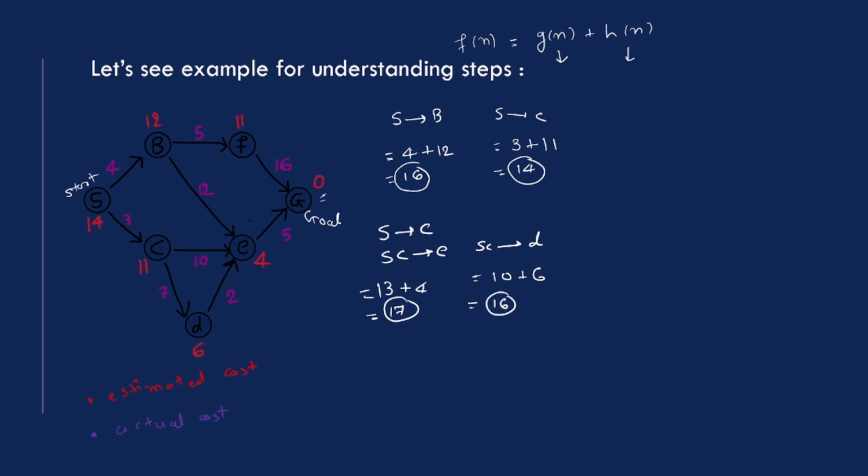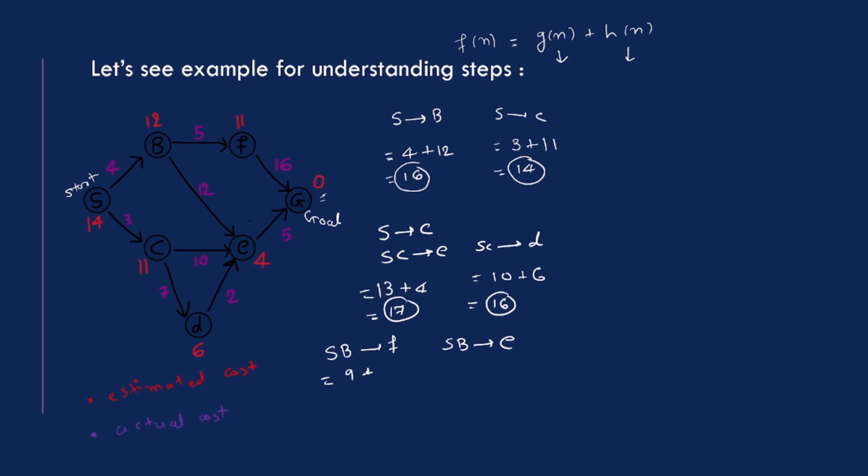Now as we have gone through SC, let's take SB. From S to B, we can go SB to F and SB to E. Take SB to F: S to B, B to F, as you see in the diagram, the actual cost will be 9.